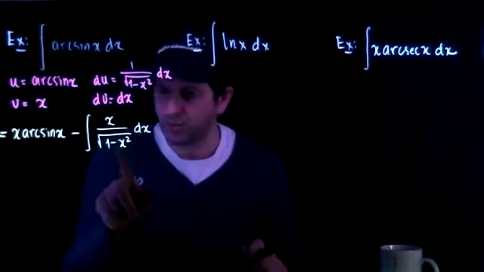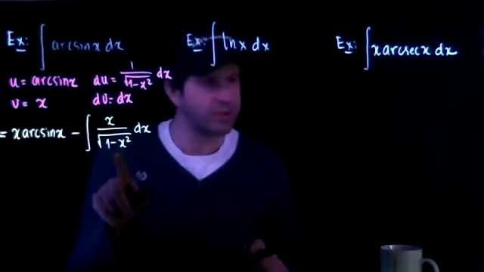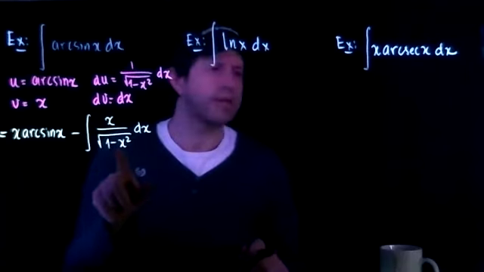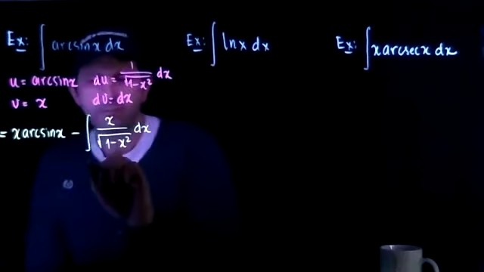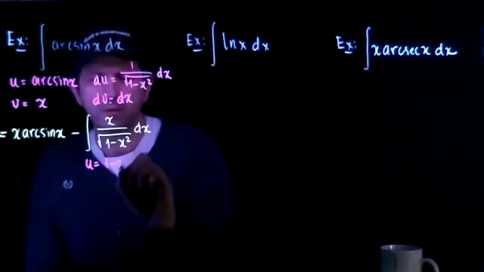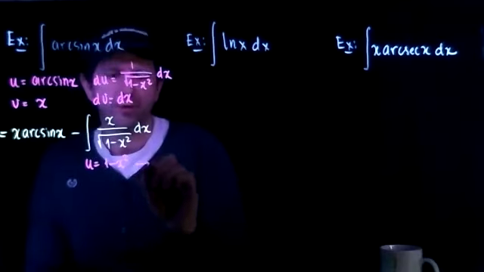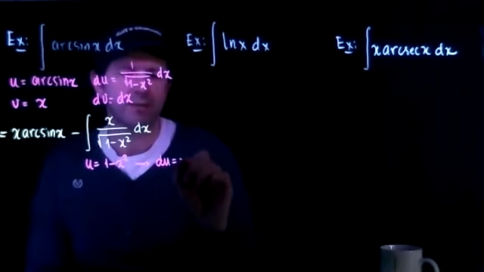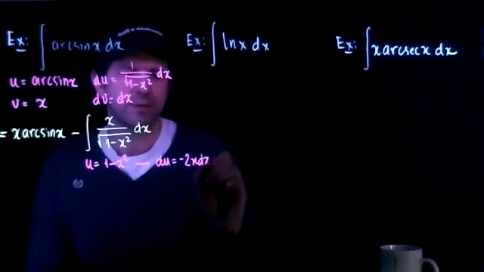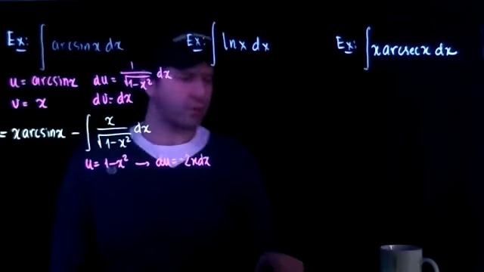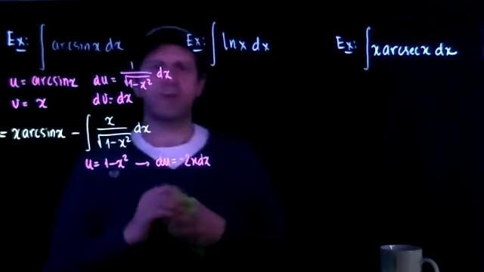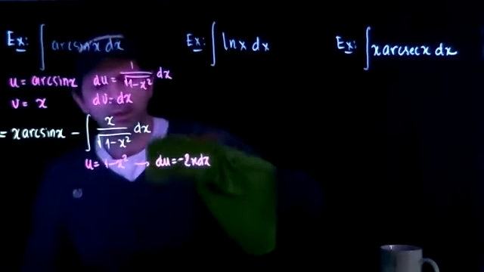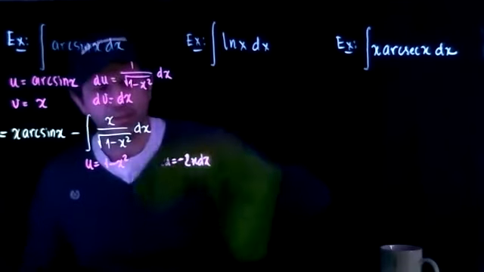So I could use a substitution here. I'm going to call 1 minus x squared as u, okay? Therefore, du is negative 2x dx. I'm just going to do it here because I want to leave some space.